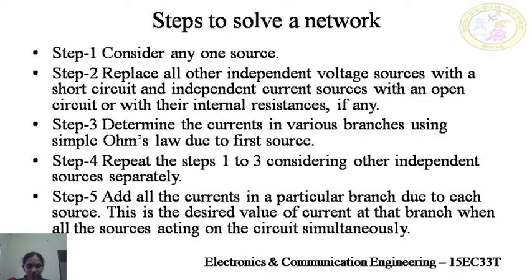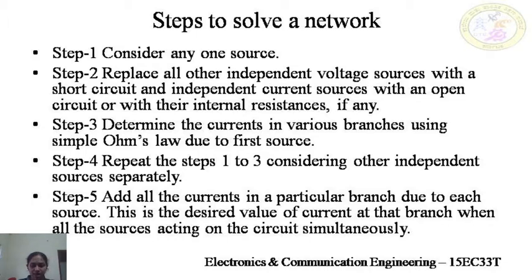This is the desired value of current at that branch when all the sources are acting on the circuit simultaneously, or this is the desired value of voltage drop across an element when all the sources are acting on the circuit simultaneously.